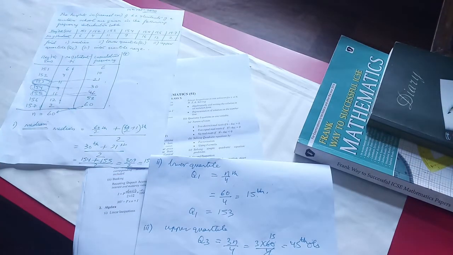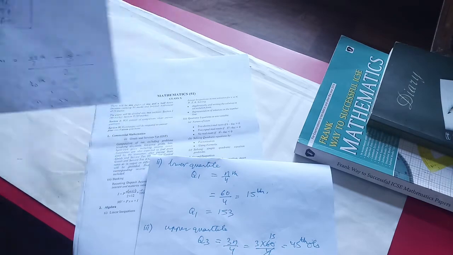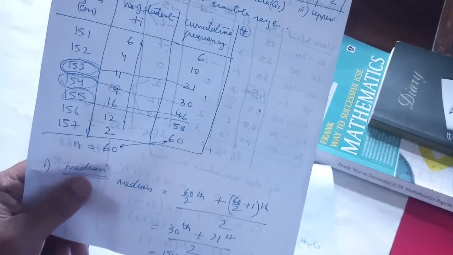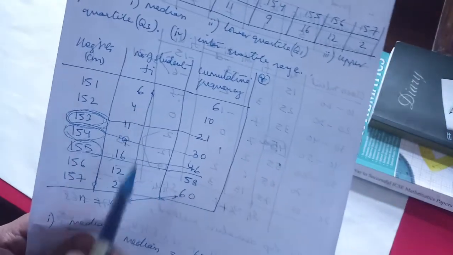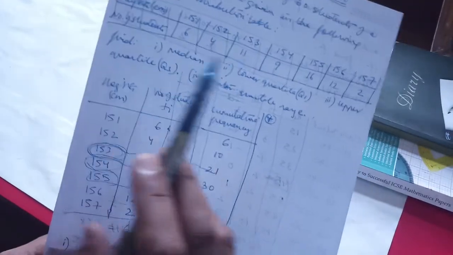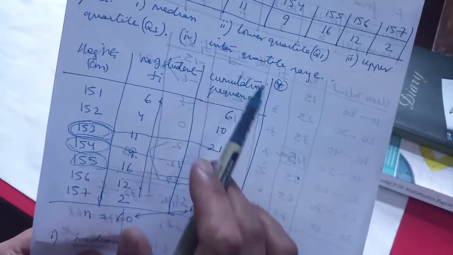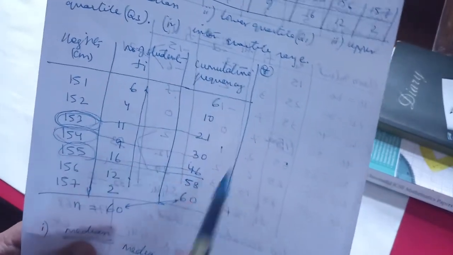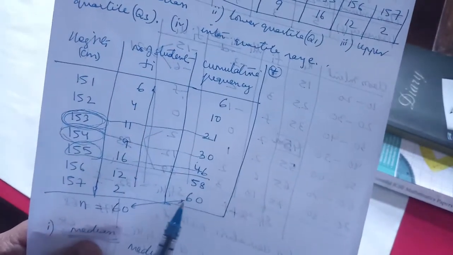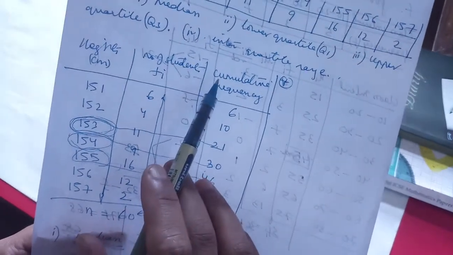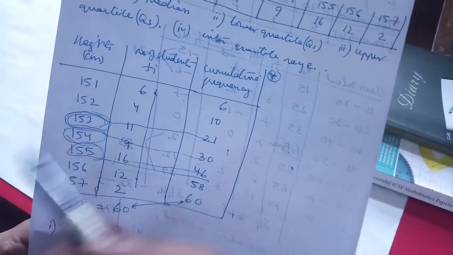It's very easy. But one most important thing is that in case of the frequency distribution table, to find the median, lower quartile, upper quartile, what you have to keep in mind is the cumulative frequency. The cumulative frequency has to be constructed. The meaning of the word cumulative is to add on.